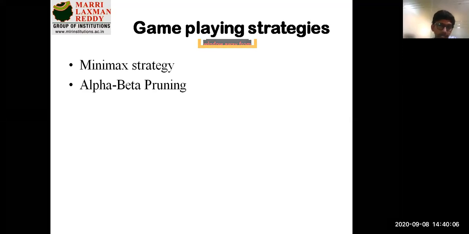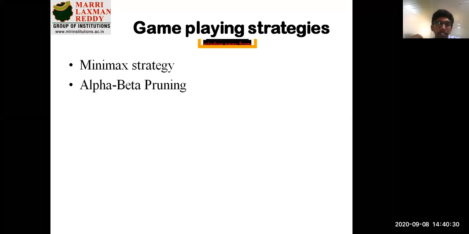The first one is the MinMax strategy, which we discussed in the initial stages of AI, where we discussed the tic-tac-toe problem and the missionaries and cannibals problem. The next concept we will discuss is alpha beta pruning, which again relies on the MinMax strategy.